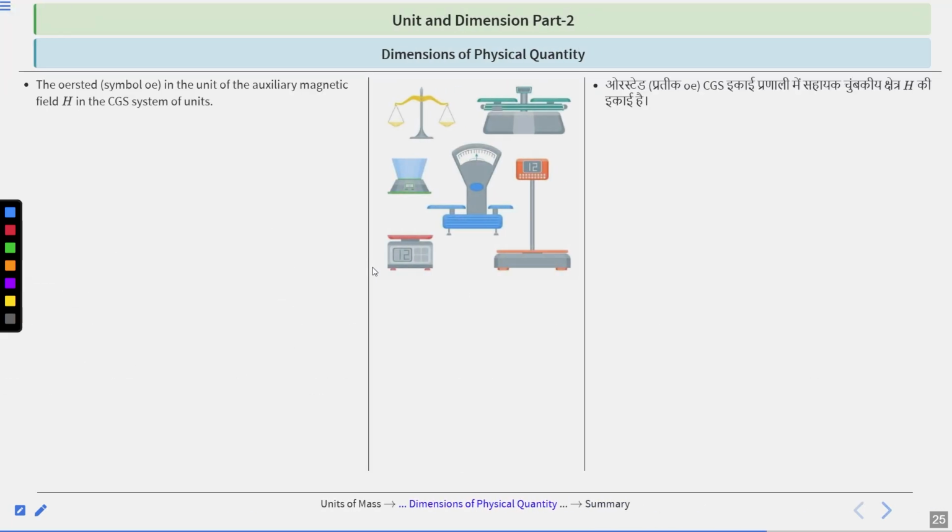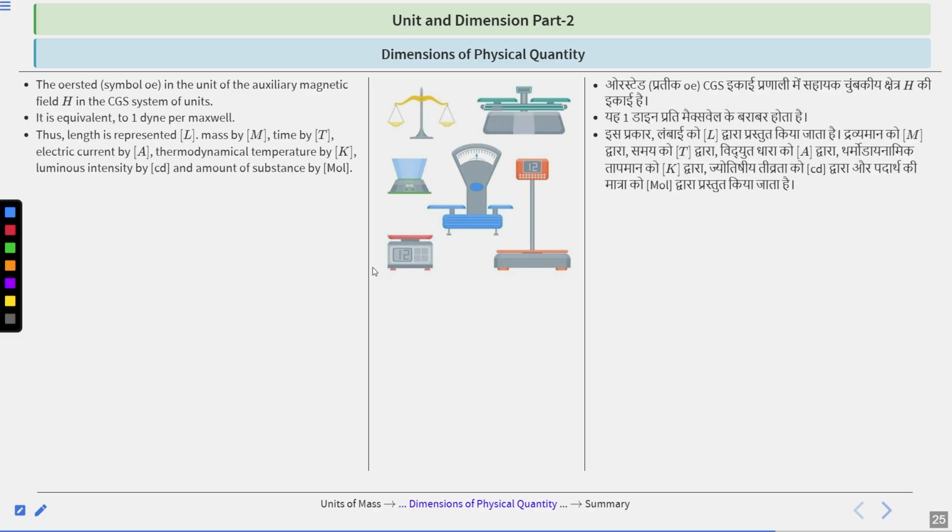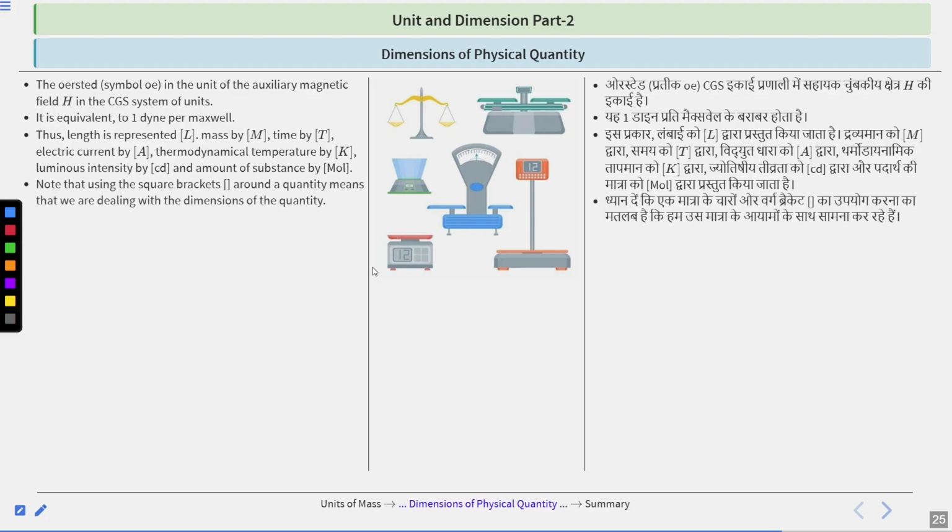The Oersted, symbol Oe, is the unit of auxiliary magnetic field H in the CGS system of units. It is equivalent to 1 dyne per Maxwell. Thus, length is represented as capital L, mass by capital M, time by capital T, electric current by capital A, thermodynamical temperature by capital K, luminous intensity by small c d, and amount of substance by mole.